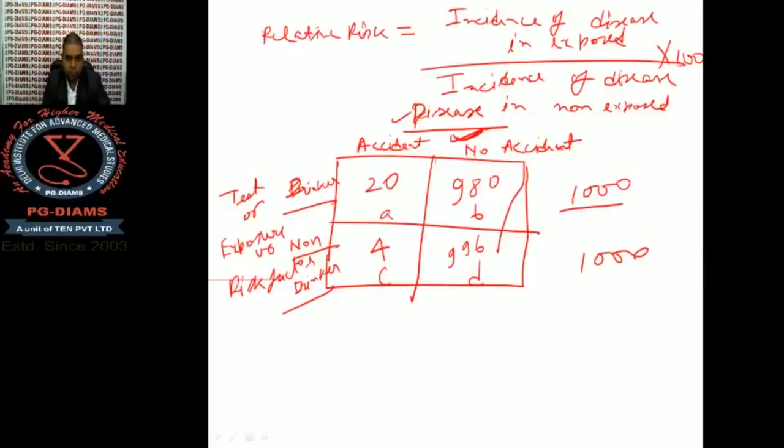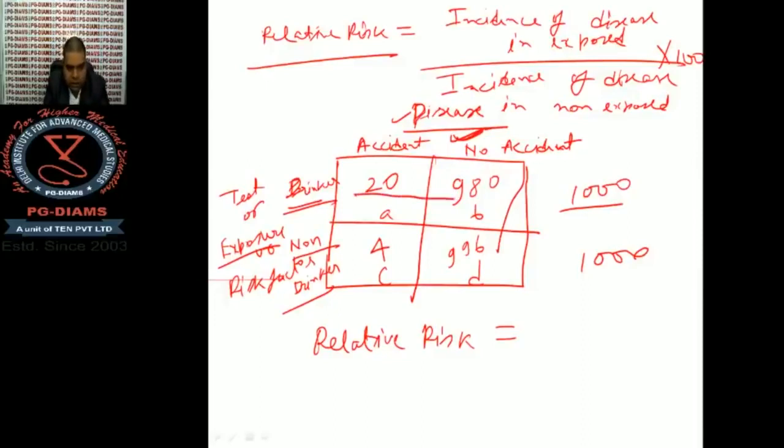So what will be the relative risk? Relative risk here is the incidence of disease in exposed. So what is the total number of exposed? What is exposure here? Exposure is the drinking. So this 1000 is the total exposed population, and this 1000 is the total unexposed population.